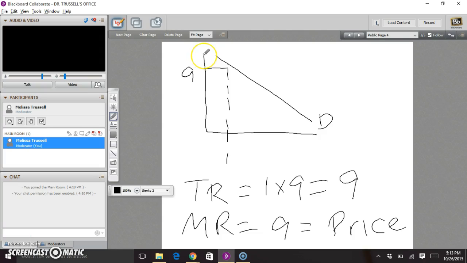Your marginal revenue for that smallest piece you can possibly sell is going to be equal to the price that you sold that smallest piece for.